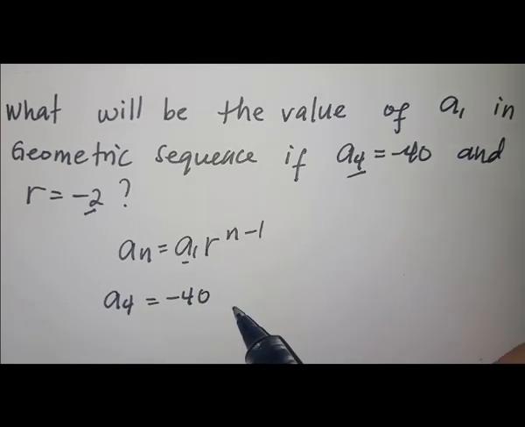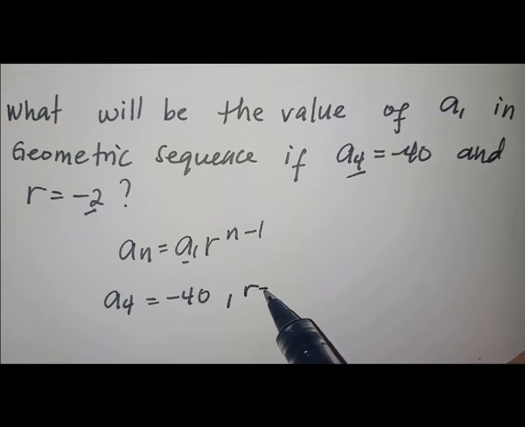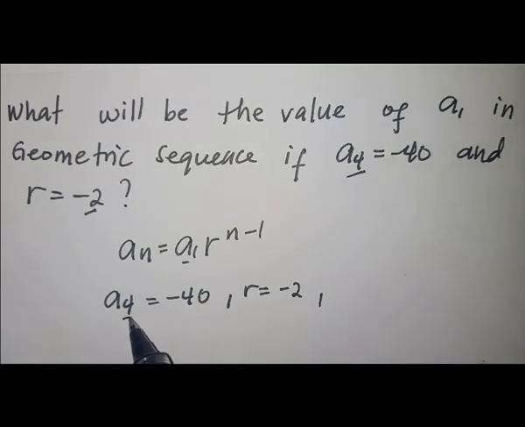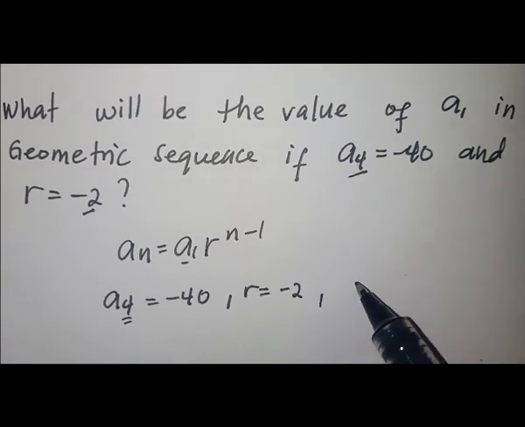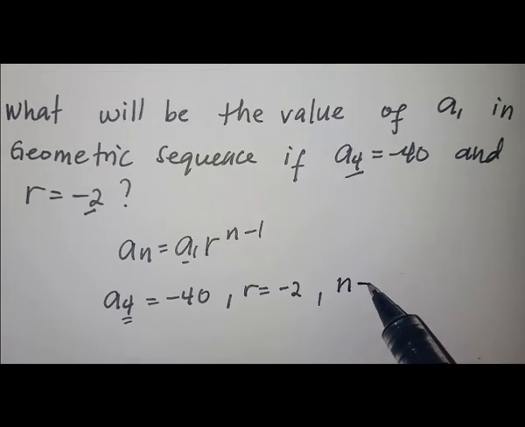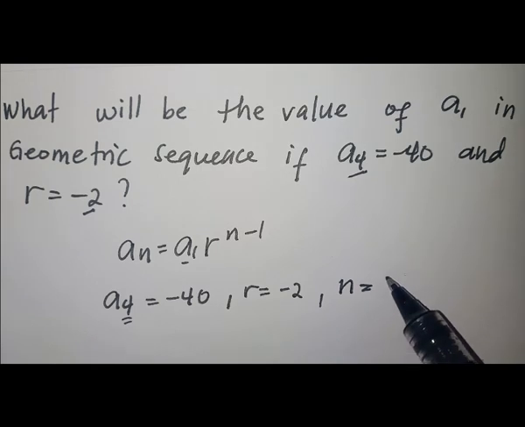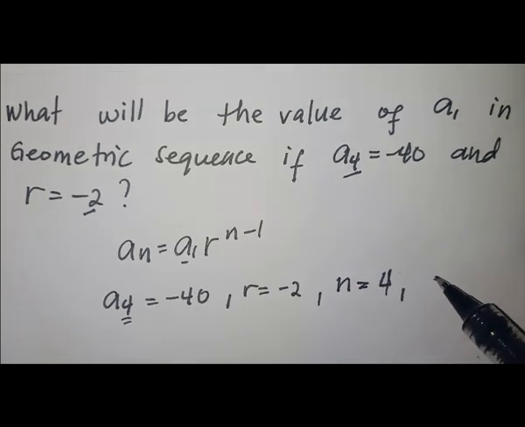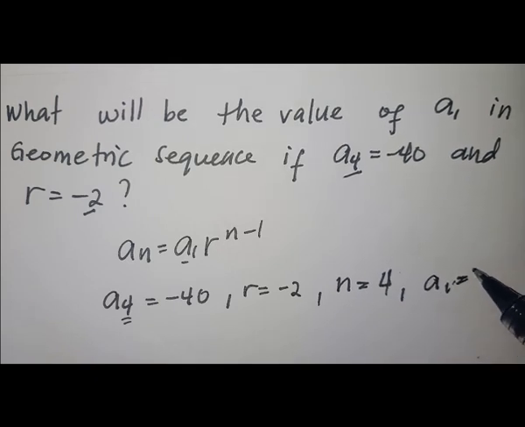Okay po. Then, meron tayong common ratio, which is equal to negative 2. At dahil meron tayong a sub 4, masasabi kaagad natin that the value of n is equal to 4. So ngayon, ang problema lang natin is what will be the value of your first term.